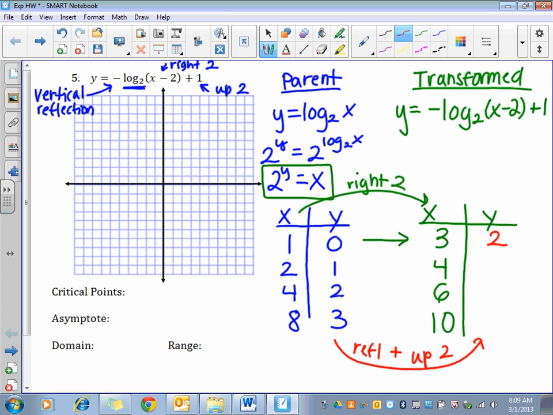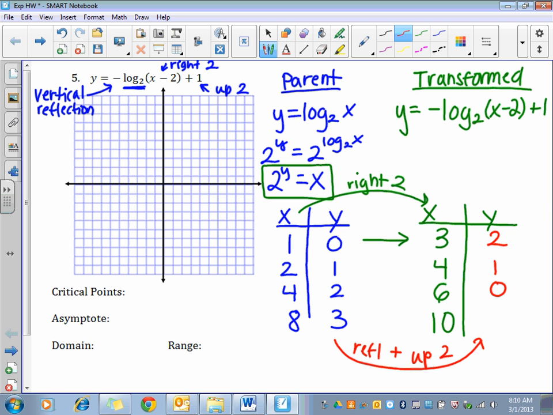Now the 1, when I reflect it, becomes negative 1, and then I need to move it up. So negative 1 plus 1 gives me 0. The 2, again, it's reflected, so negative 2 plus 1 gives me negative 1. 3 is going to become negative because it's the opposite.